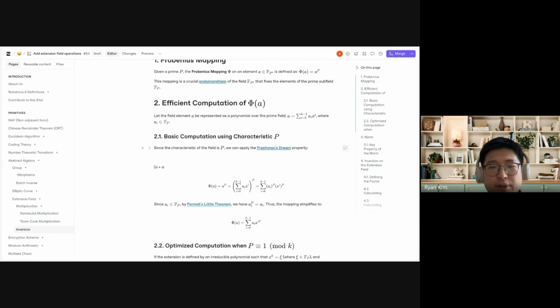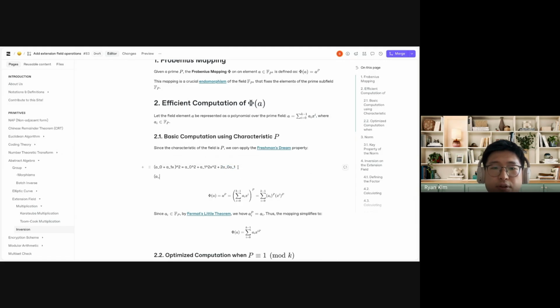Let's give an example. A0 plus A1 x, squared, is A0 squared, A1 squared x squared, and 2 times A0 A1. Because the characteristic of the field is P, adding it P times becomes 0, and it works for other powers too.